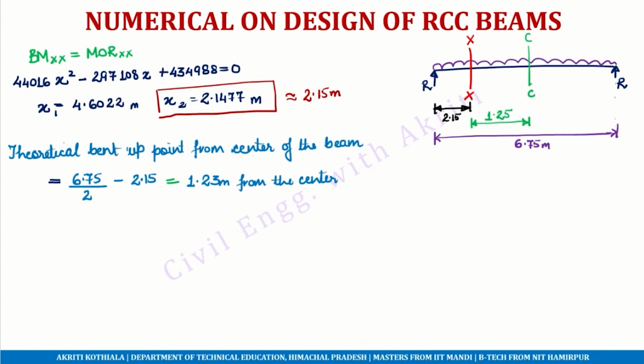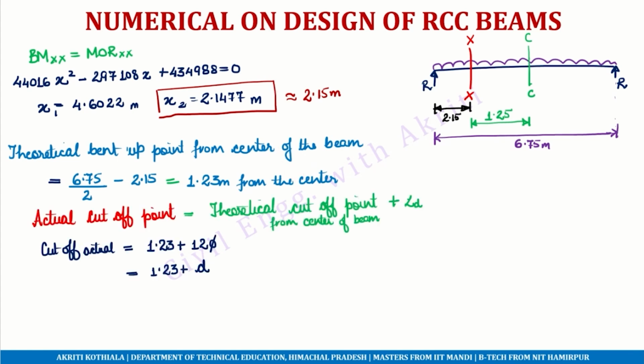We have to provide some development length. So that development length can be equal to 12 phi or d, whichever is greater. So substituting these values, 1.23 plus 12 phi. 12 phi here will be of the bar which is being bent up, that is the 20 mm diameter bar, which is equal to 2.40.